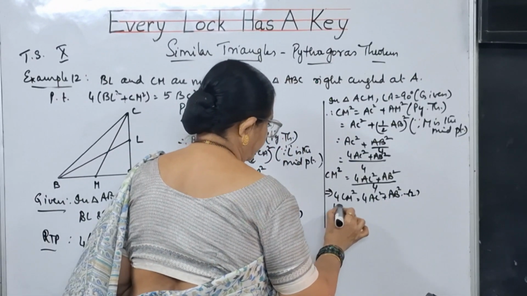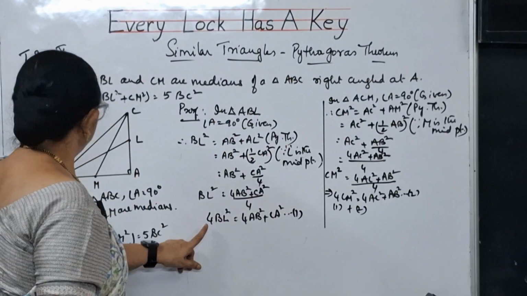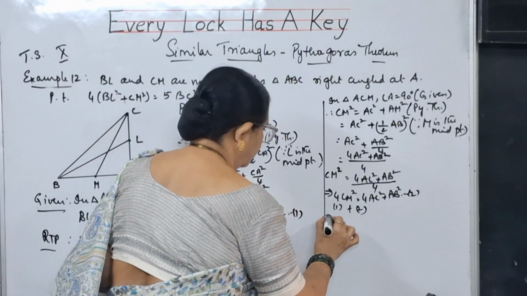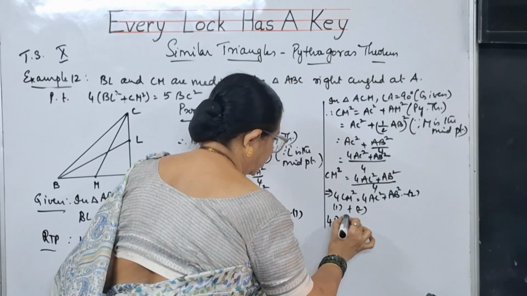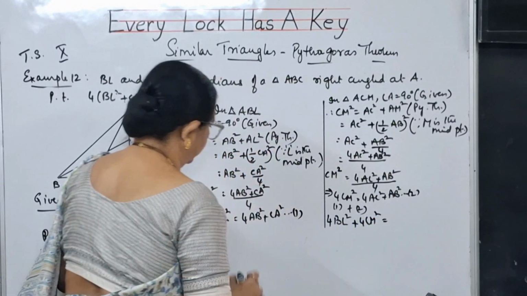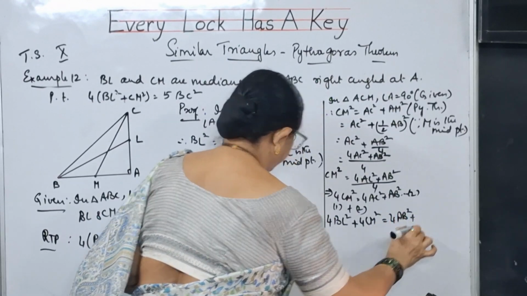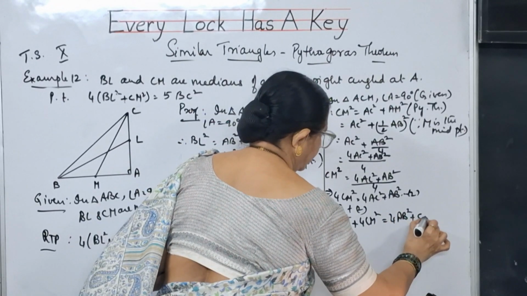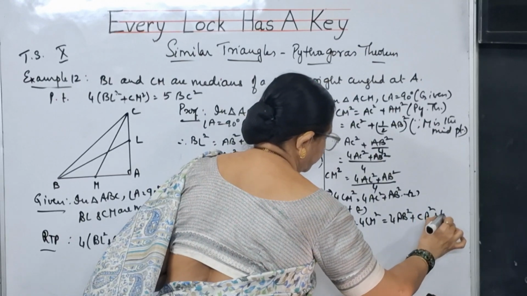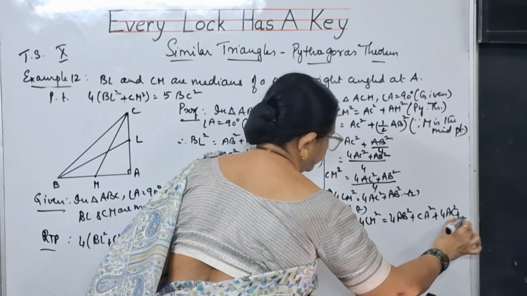Now take the first equation and add it to the second equation. That means LHS is 4BL square plus 4CM square is equal to 4AB square plus CA square plus 4AC square plus AB square.